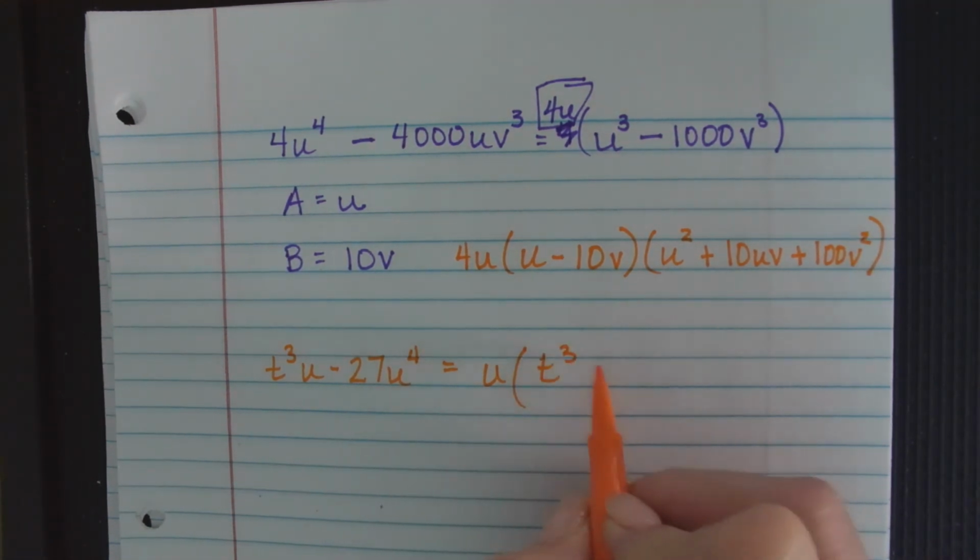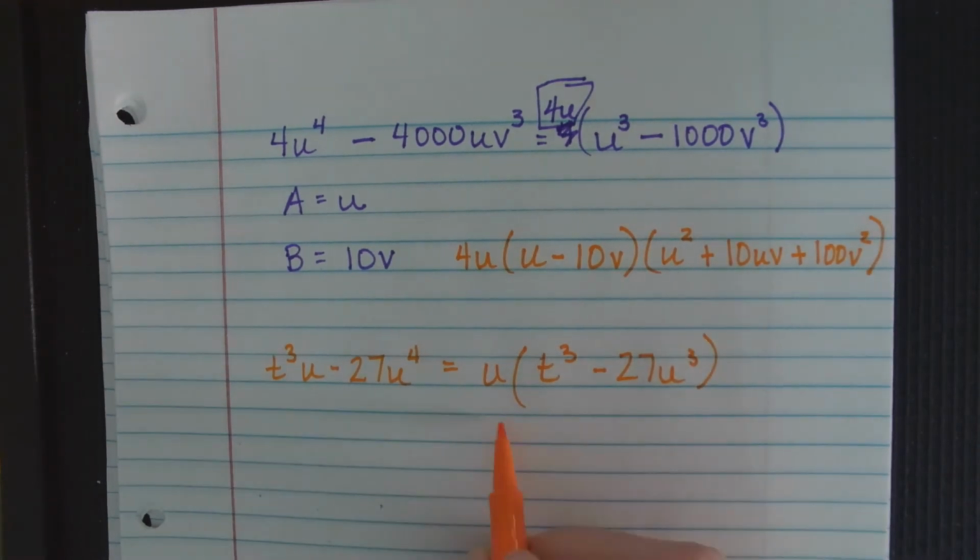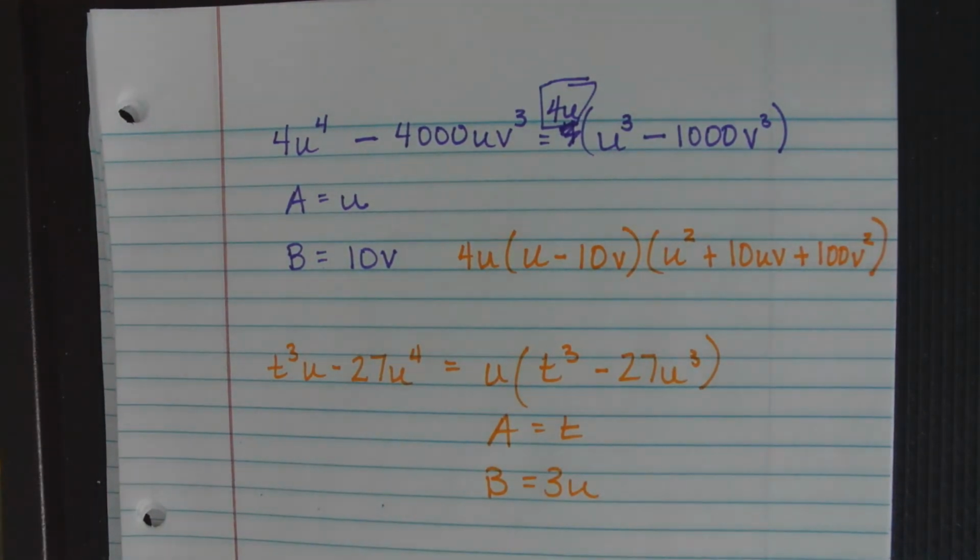So you're left with t to the third minus 27u to the third. A is t, b is 3u. Mine said something like binomial or something. Oh, yeah, binomial.